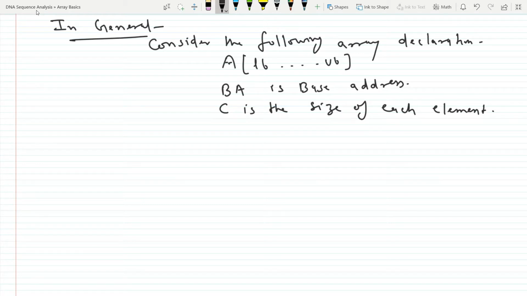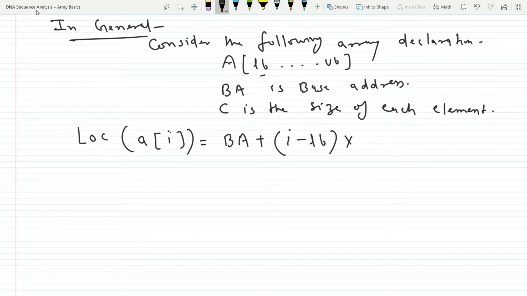So now in general, if I want to find the location of the ith index in this particular array, what will be the general formula? The general formula is, we are supposed to add the base address and add something. So what is that something? The referring index is the ith index. So I minus, what is the lower index of this? So LB, and multiplied by the size. So what is the size?